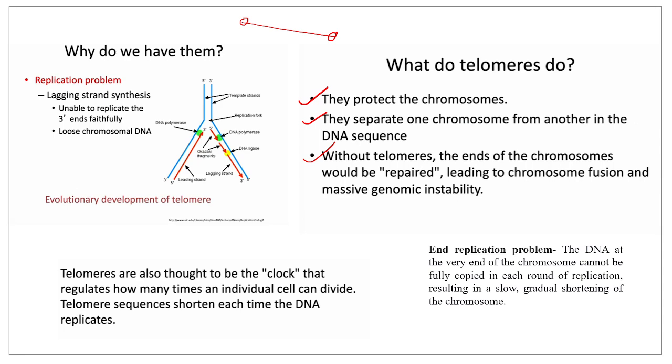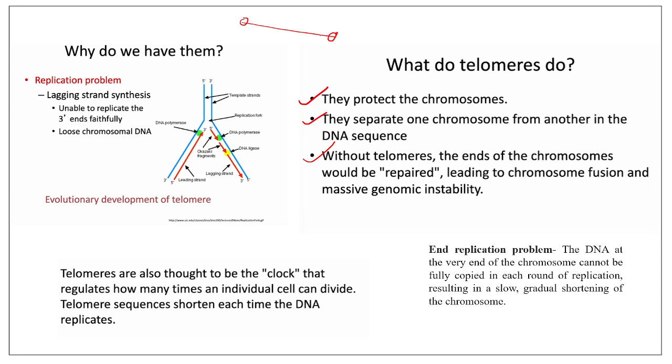To prevent this gradual shortening of the chromosome, we have telomeres. Because at each round of replication, up till the very end it cannot be copied, so some part of the telomere is lost, because the DNA cannot be copied up till the very end of the chromosome.